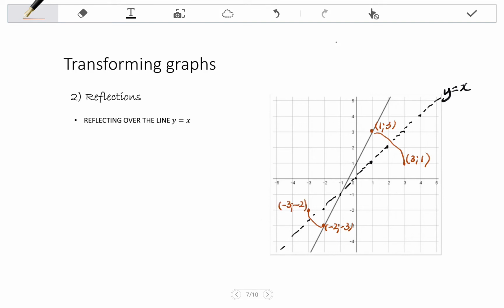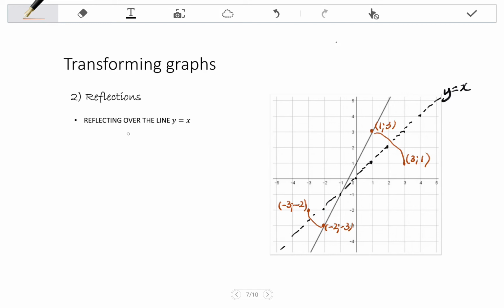So what has happened to the coordinates? Okay, you'll see that they have swapped over. So your x coordinate becomes your y coordinate, and your y coordinate becomes your x coordinate. Same for the second point. My x of -3 became my y equals -3. My y coordinate of -2 became the x coordinate of -2.